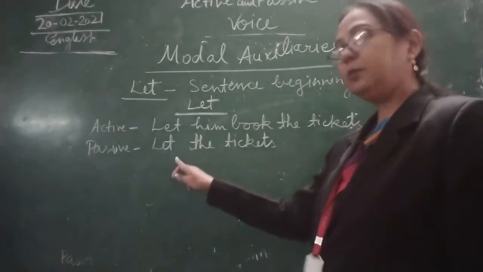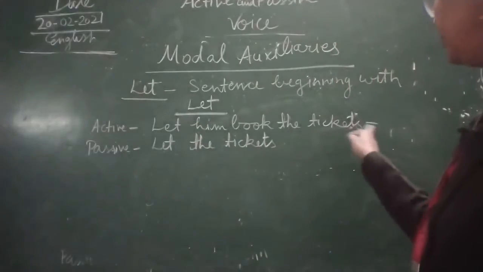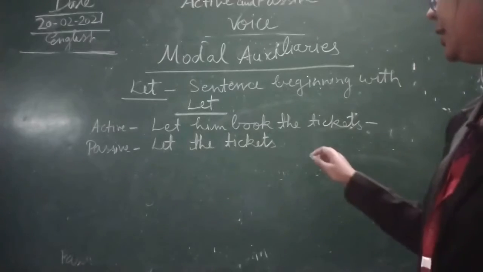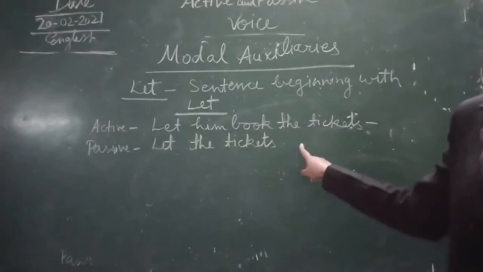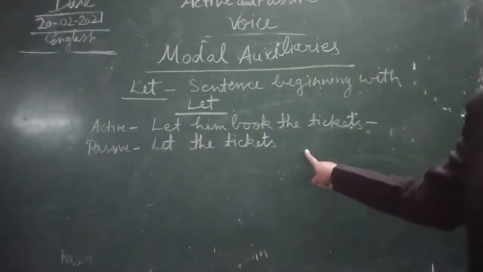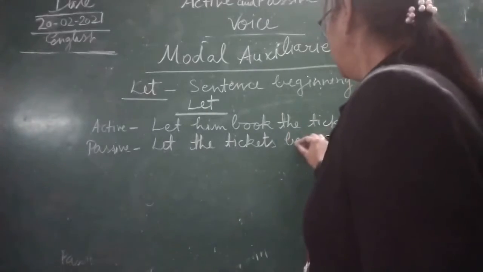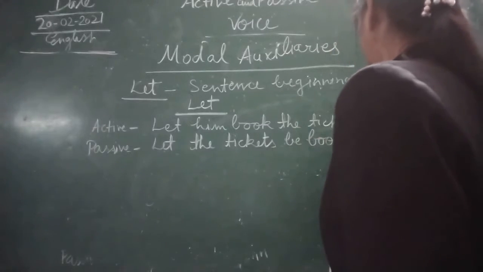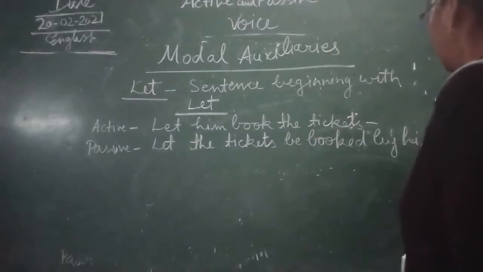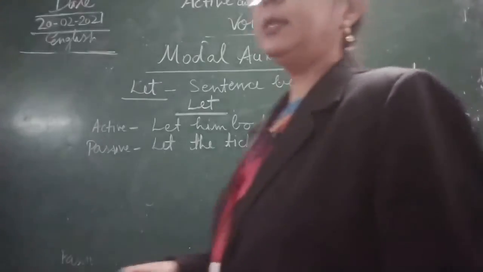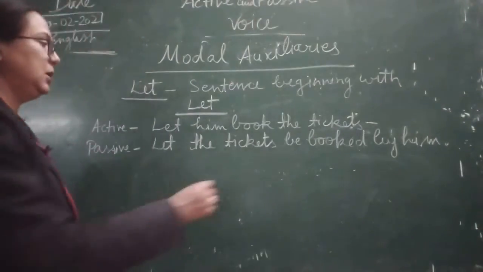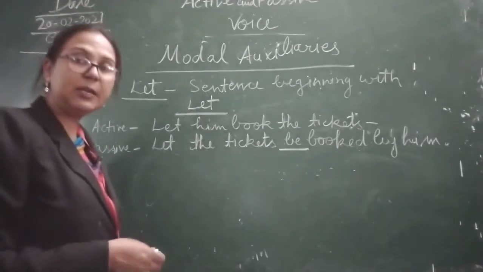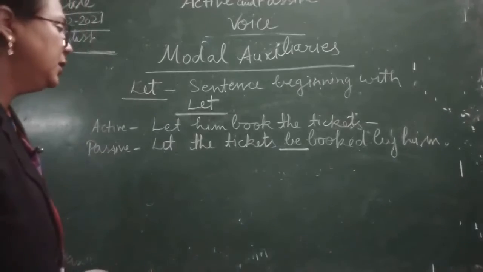We write let again, and then we convert object to subject, subject to object. Let the tickets be booked by him. Now here children, you can see again we have used be, because these all come under modal auxiliaries, that is why we are using be over here.